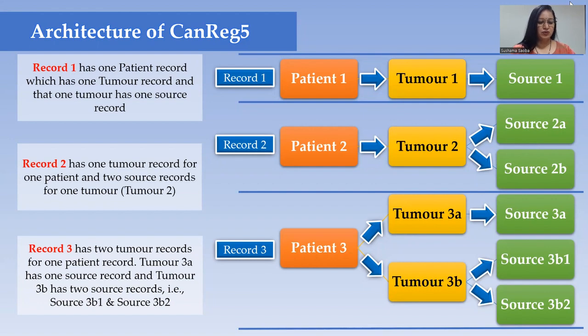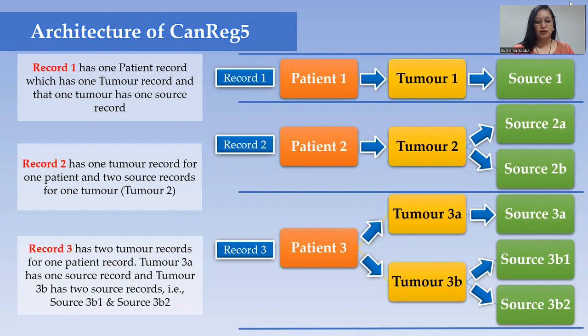Now let us come to the third scenario, record number 3, where patient number 3 has multiple tumors. That is, he may have a tumor in the esophagus, and a separate tumor in the buccal mucosa. So there are 2 tumors which this patient has, tumor 3A and tumor 3B.